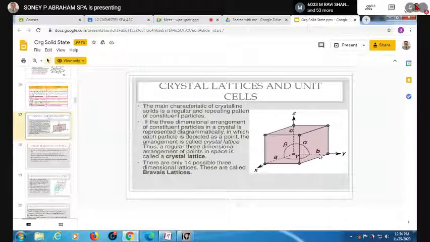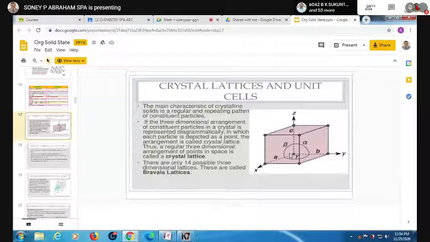So a, b, and c are the three length parameters, and alpha, beta, and gamma are the angles. Alpha is the angle between b and c, beta is the angle between c and a, and gamma is the angle between a and b.